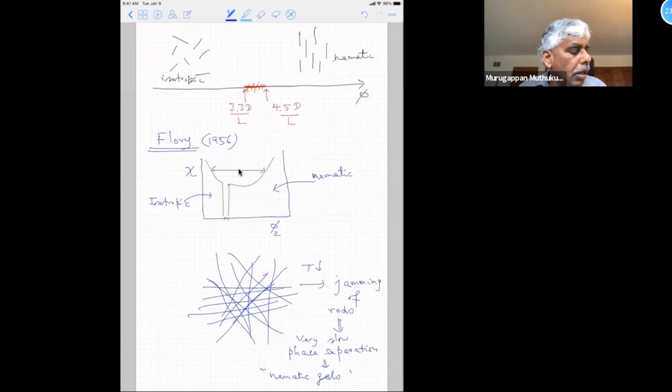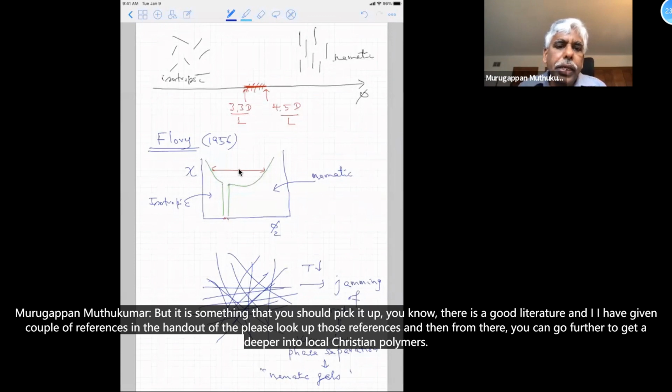gels. And this is something that you should pick up. There is good literature, and I have given a couple of references in the handout. Please look up those references, and from there you can go further to get deeper into liquid crystalline polymers.